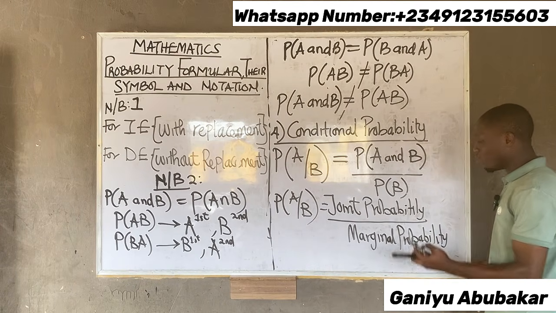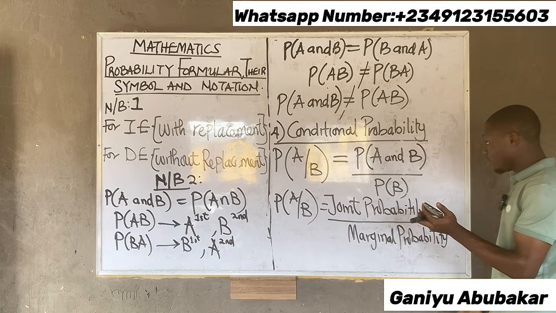So you have this for conditional probability. This is how it works.